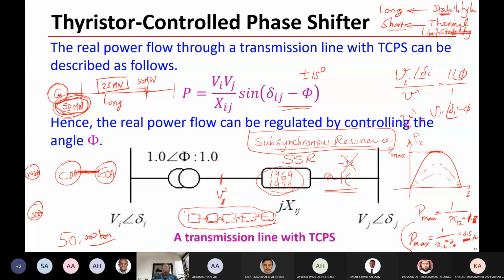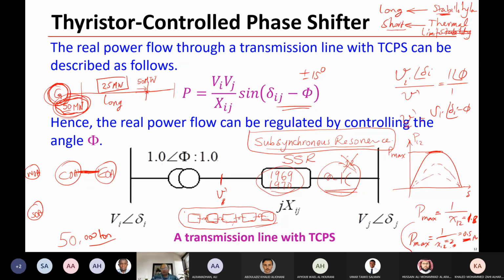So if this natural frequency coincides with the electrical natural frequency, then we have huge forces on the shaft of the generator, and it will be destroyed.